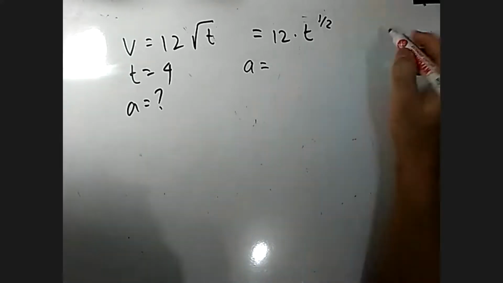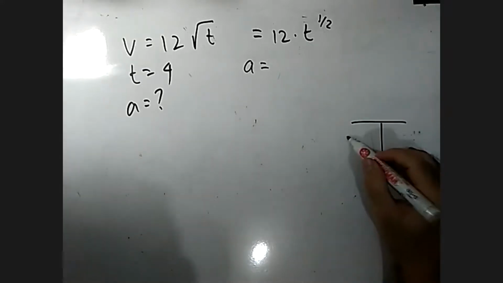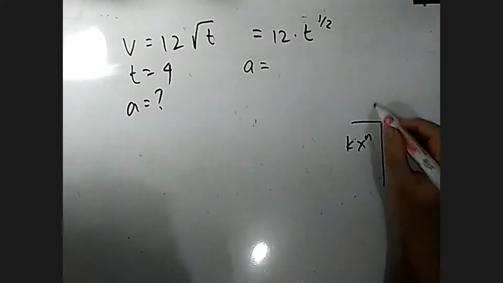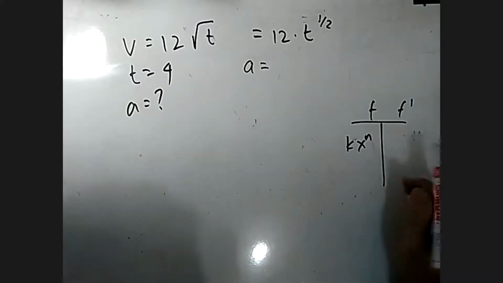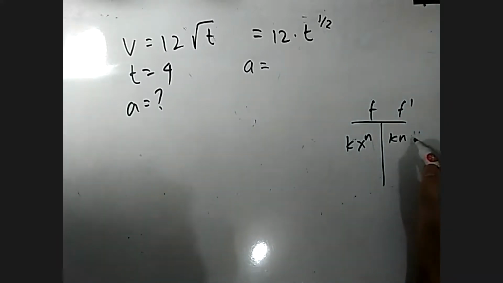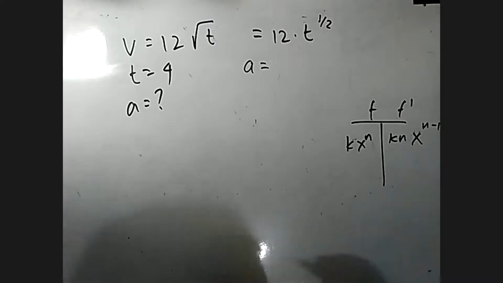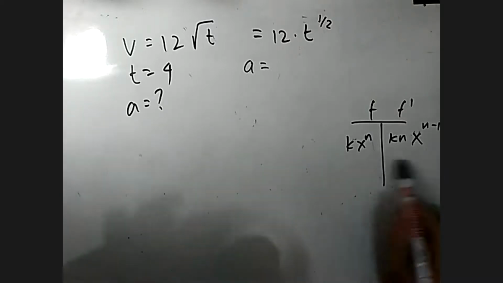Remember, this is in the form of kx power n, right? And the differentiation is kn x power n minus 1. So apply this formula, Kezia.